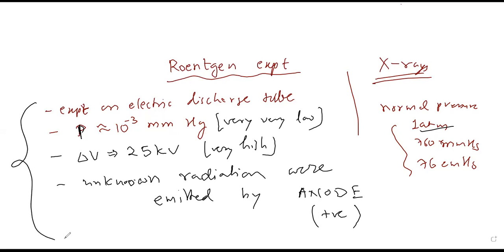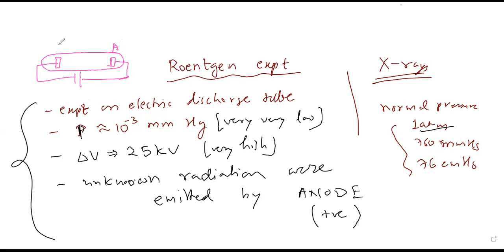I've got a question. So an electric discharge tube, does that mean it is discharging the charge? No, an electric discharge tube is basically this type of structure. This is a glass tube, and you keep one plate here, another plate here. You connect this plate to one side of the battery and this to the other side of the battery.